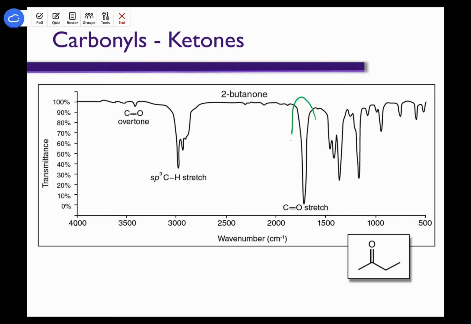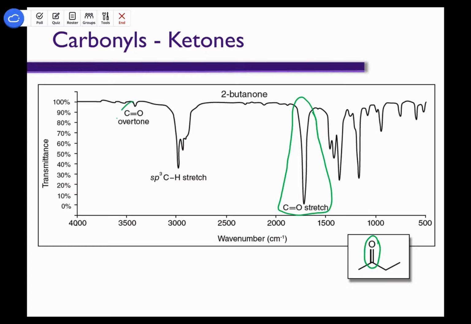So this carbon-oxygen stretch happening around 1700 wave numbers can shift slightly depending on which group it is, but it is very bold. See how it's narrow and very intense. That's what you're going to be looking for with the carbonyls.